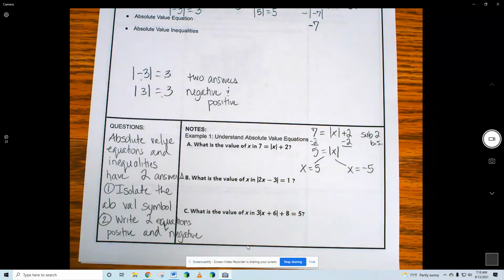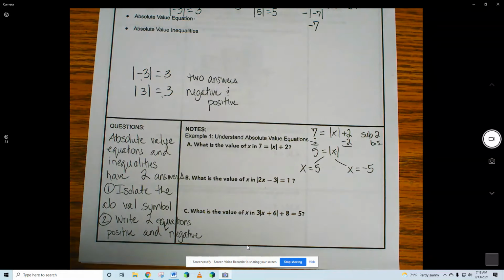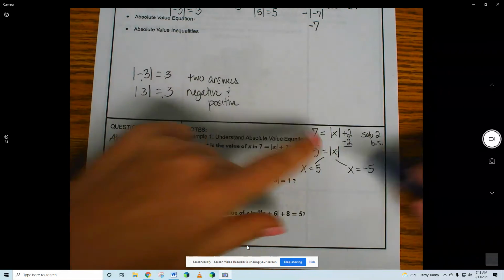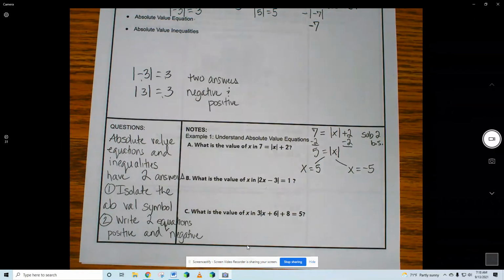So I have 2 answers, and this one's pretty easy because there was no math inside the absolute value. So I'm isolating the absolute value, getting that alone, and then making 2 branches, a positive version and a negative version.